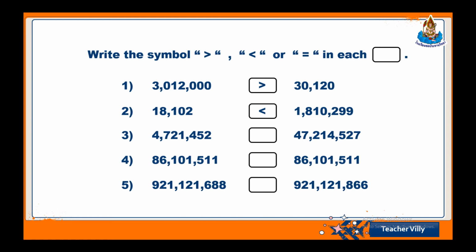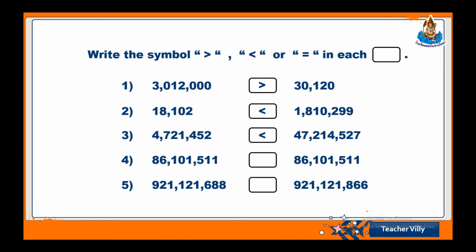Number 3. 4,721,452 is greater than, sorry, it should be less than. I'll repeat. 4,721,452 is less than 47,214,527. Number 4.